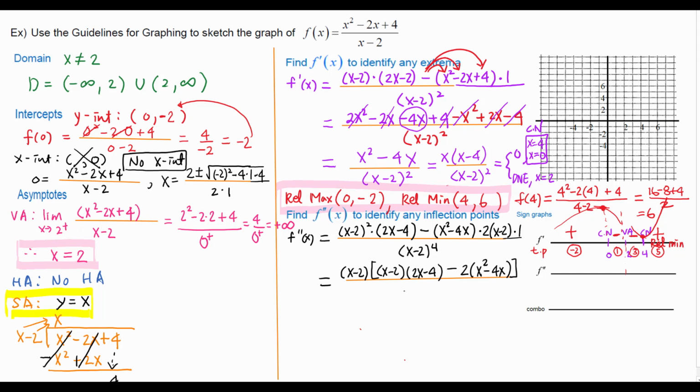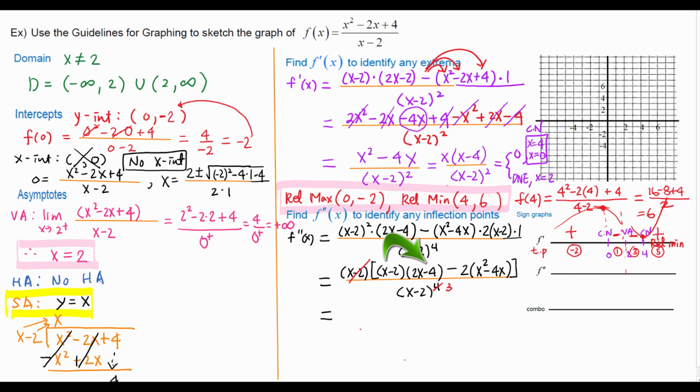Close the bracket over quantity x minus 2 to the power 4. To make this simpler, let's cancel the one factor of x minus 2 with the one factor of x minus 2 in the bottom. So then now I have a quantity x minus 2 to the third power.